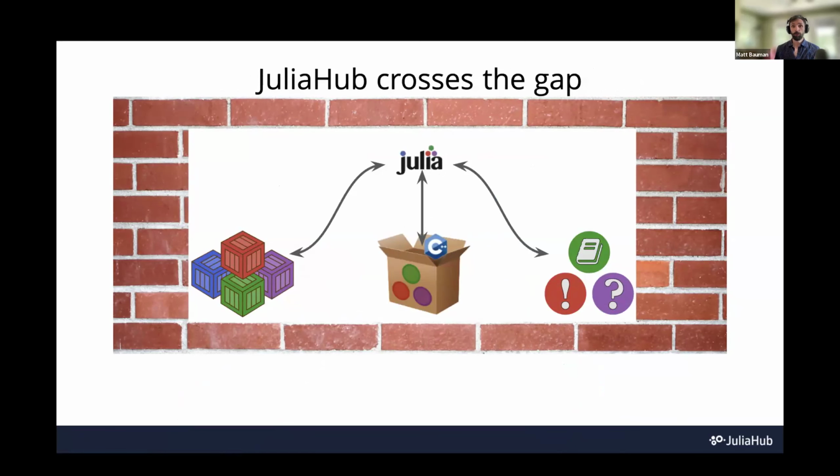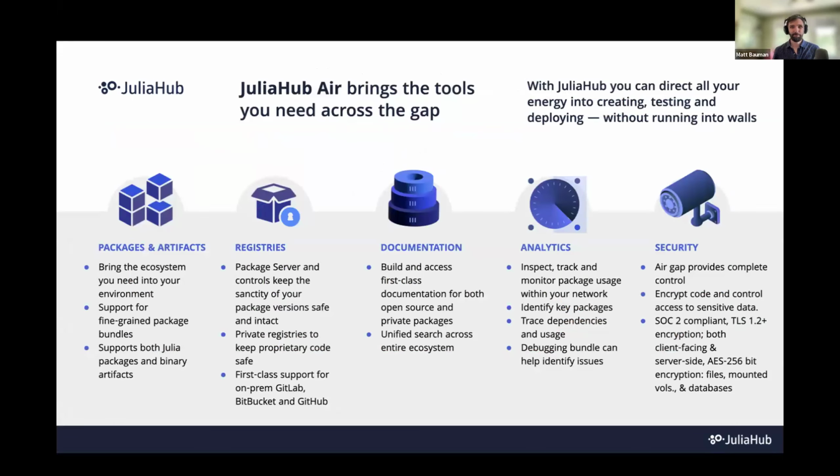And so JuliaHub crosses that gap, brings everything together behind your firewall, gives you the ability to access these things. And so that's why we're here today, to talk about that.